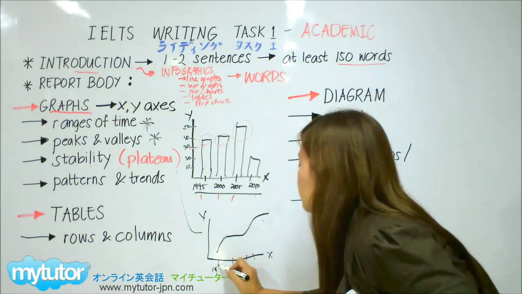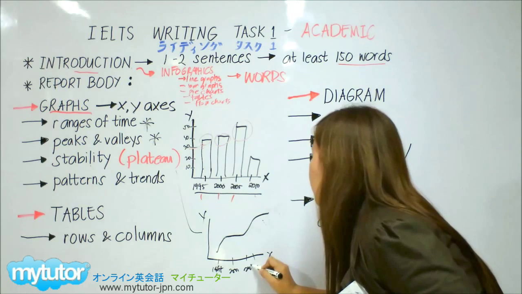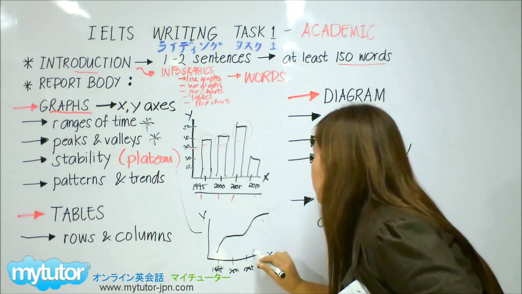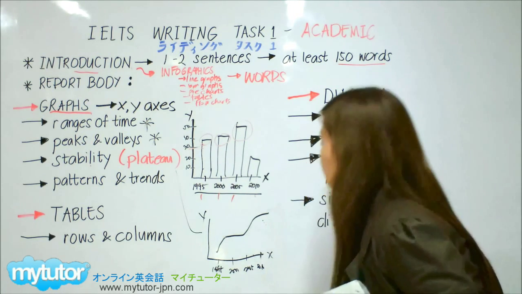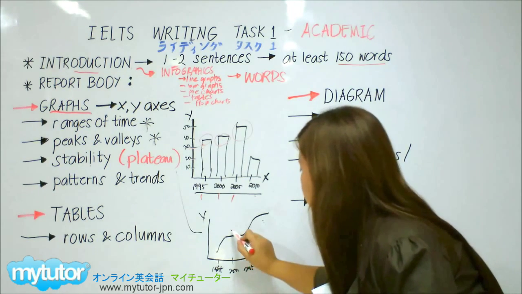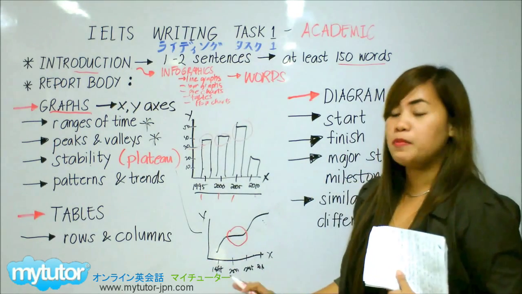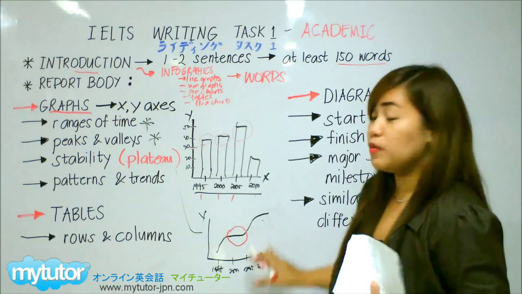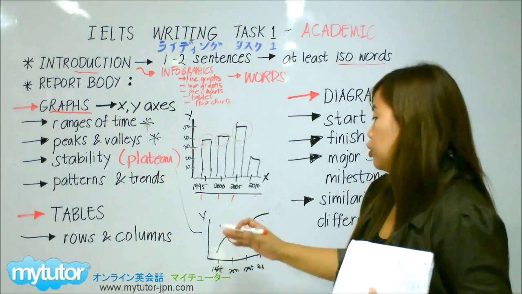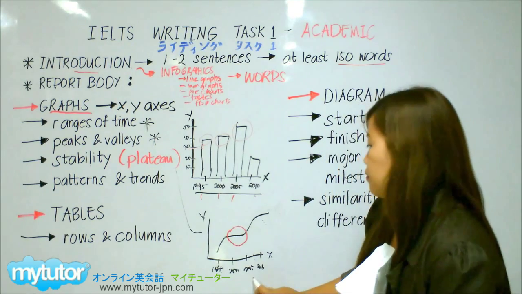So say this is 1995, 2000, 2005, and 2010 for the last. Okay. So you notice that in 2000 to 2005, this remains stable or remains steady. So there is a plateau. There's a plateau in the period 2000 to 2005.